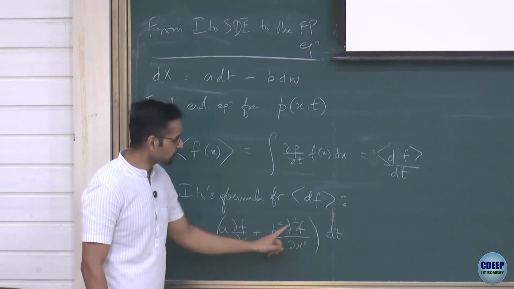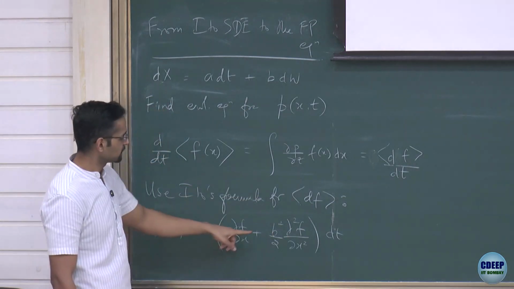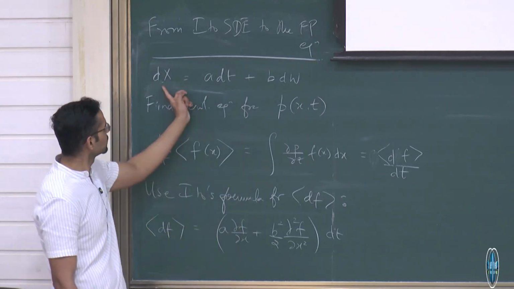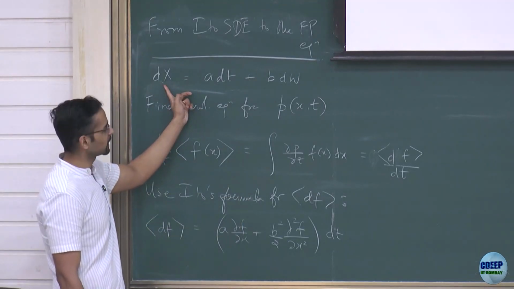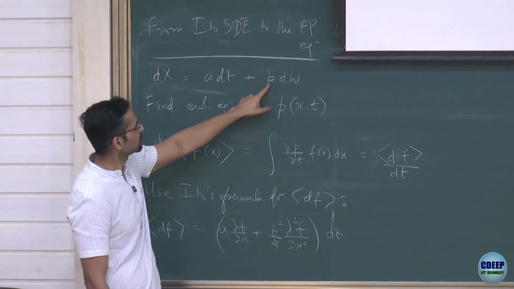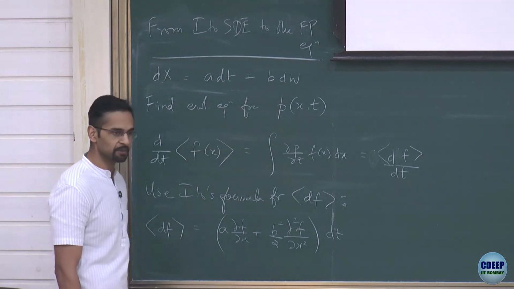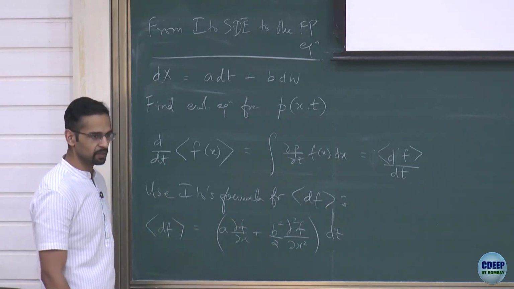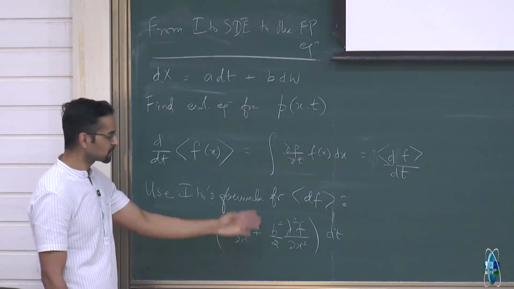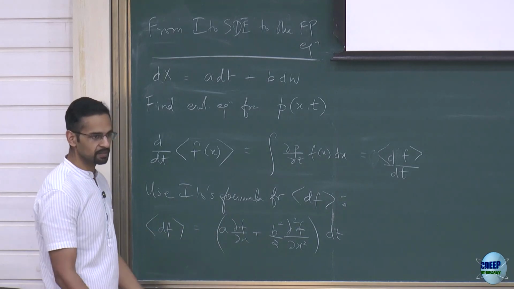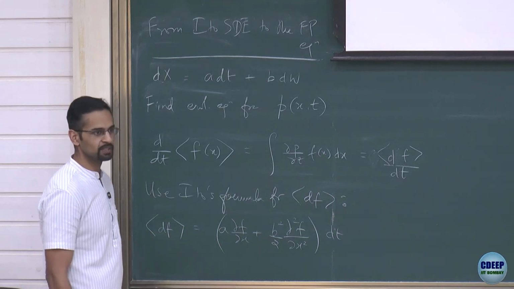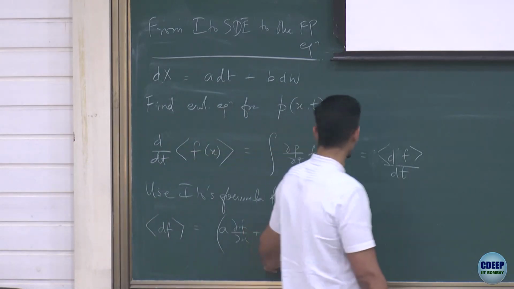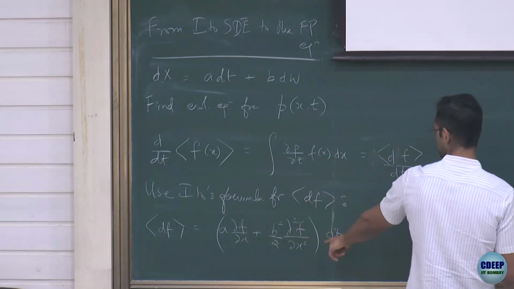And then the other part of the drift comes by taking the second derivative of f with respect to x square, 1 by 2 into dx square, right? Where again, using Ito's mnemonics, only the b square dw square term will survive, which under the mean again, I mean, it will become dt. Okay. So you can see the mean of df is just a deterministic part, right? Obviously, the noise, because it's Ito, will vanish. Fine. So now I have to just substitute that. Remember, it's df by dt, so the dt will vanish.